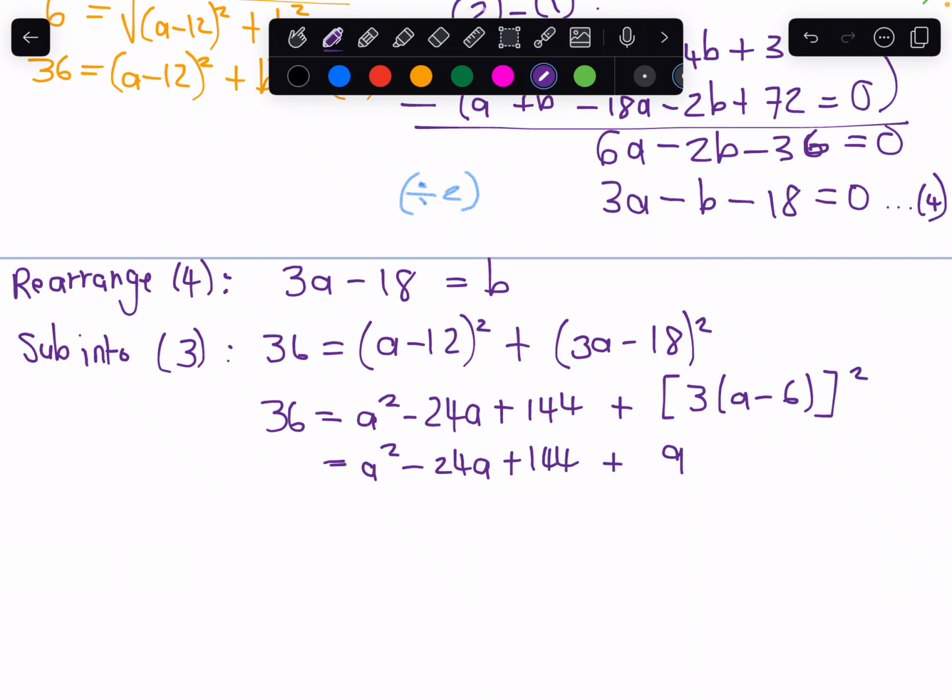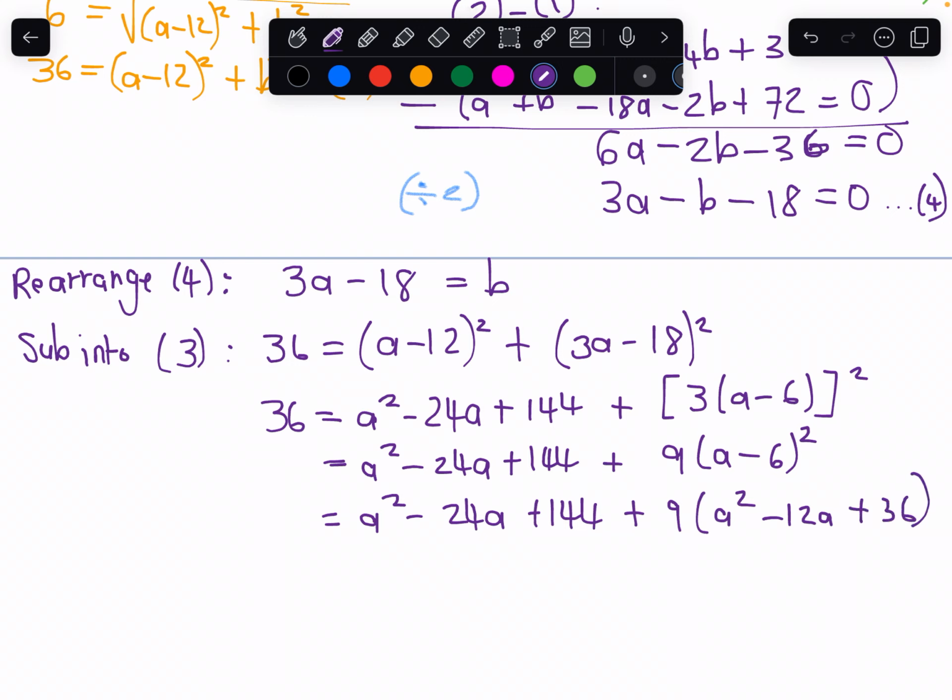So that'll be 9 times (a minus 6) squared, right? So that is a squared minus 24a plus 144, plus 9 times (a squared minus 6a minus 6a, and then minus 6 times minus 6 is positive 36).